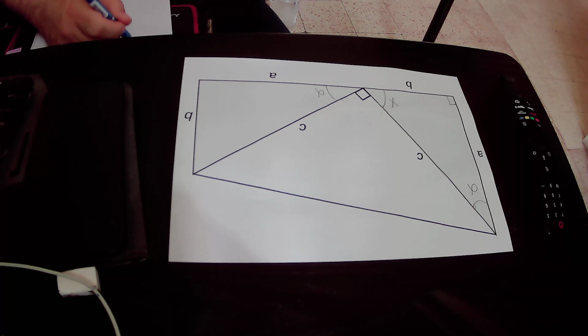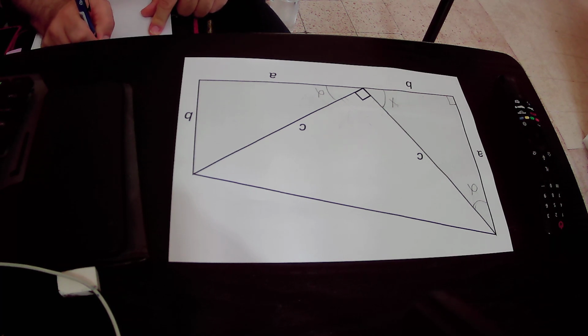We can write that alpha plus x plus 90 degrees is equal to 180 degrees.